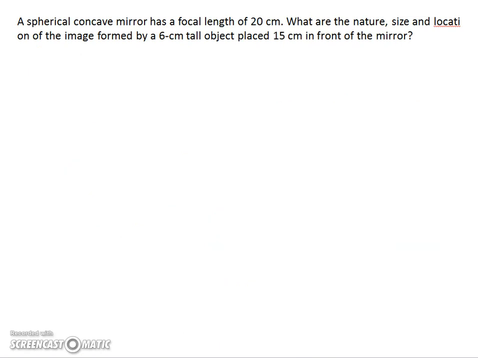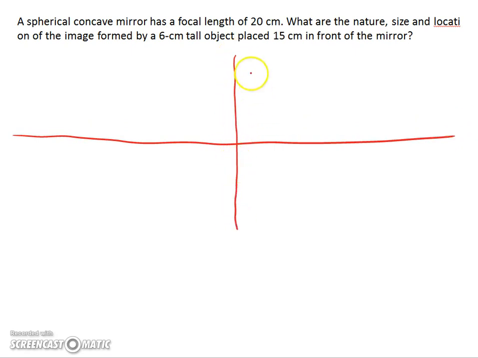Okay, so let's do the ray diagram. First, I'll draw a principal axis, then I will draw the position of the mirror, and then I'll indicate that it's a concave mirror by showing that it's surfaced on the rear and the left-hand side, the concave side, is shiny.